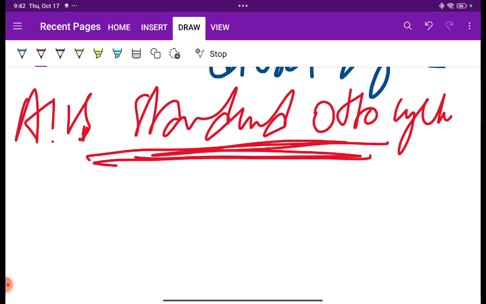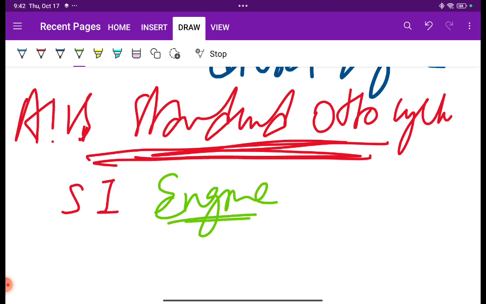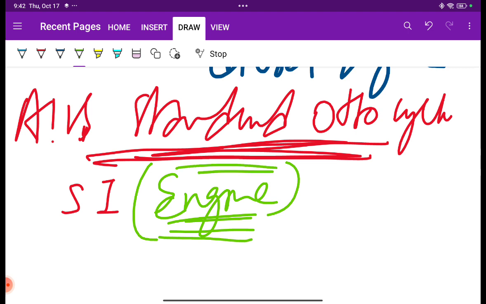Air standard Otto cycle is basically the SI engine, and in this spark plug is used. The spark plug will help to burn the fuel air mixture in this chamber where the fuel mixture are kept.